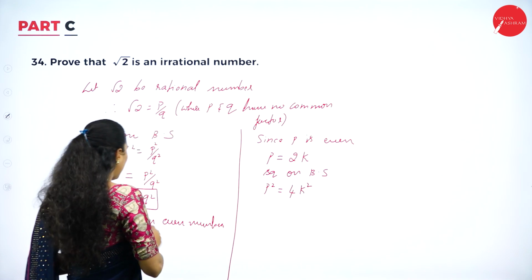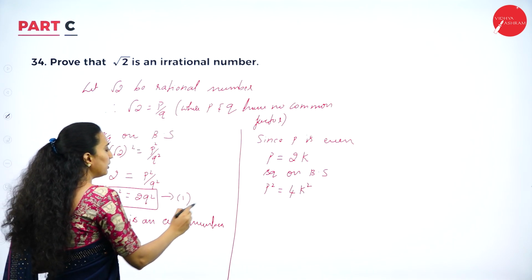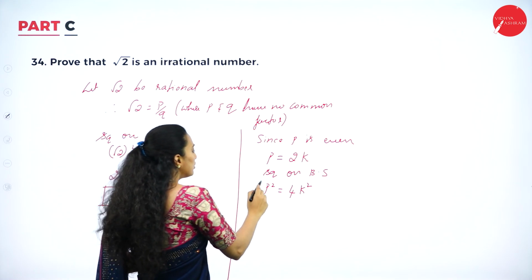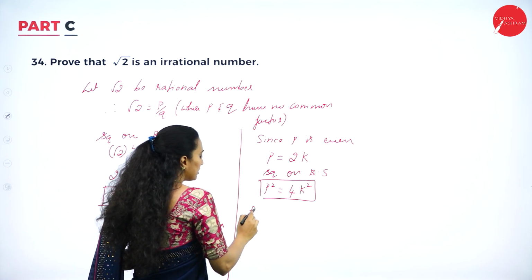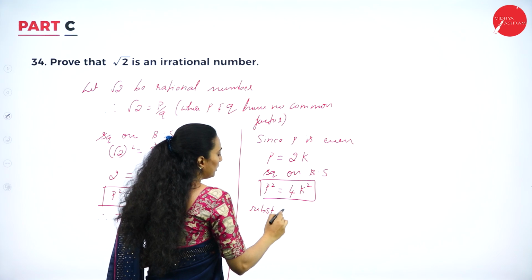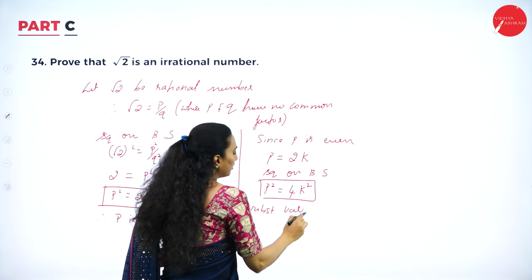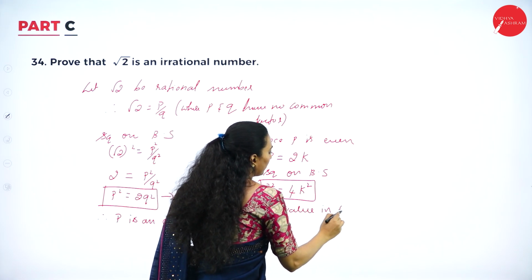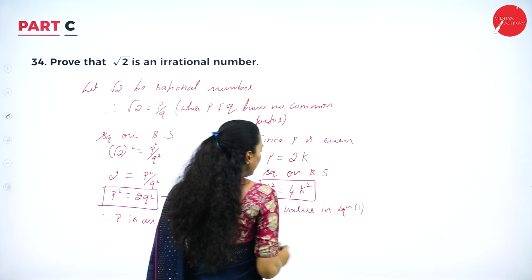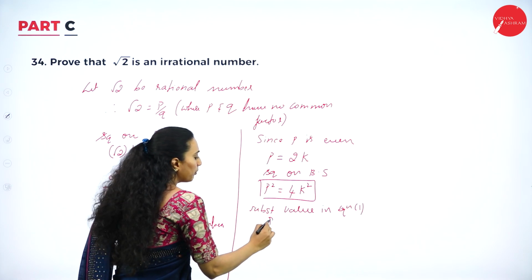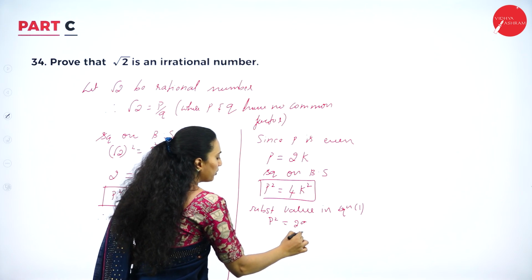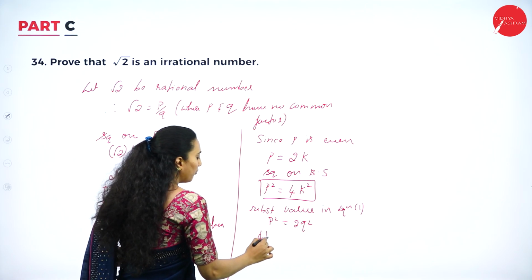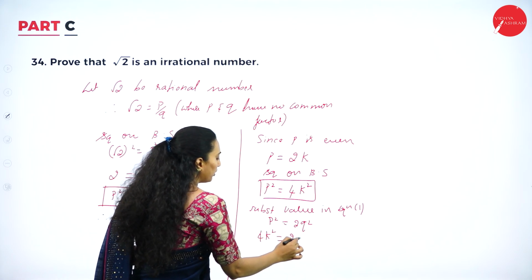Now, taking this as equation 1 and substituting this value in equation 1. What it will be giving you? Let me write the equation 1. P squared is equal to 2Q squared. P squared is nothing but 4K squared is equal to 2Q squared.